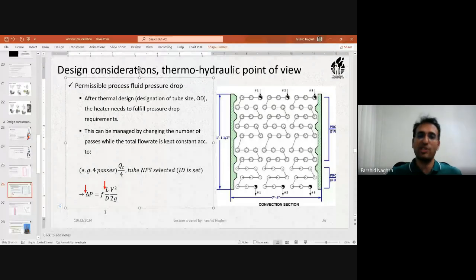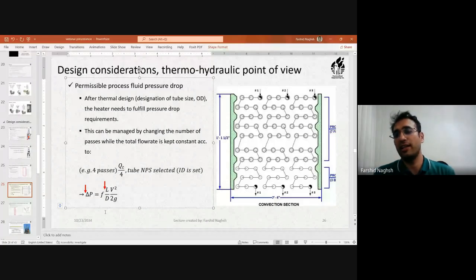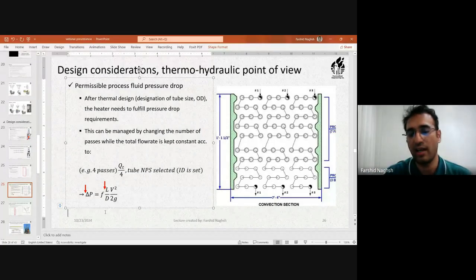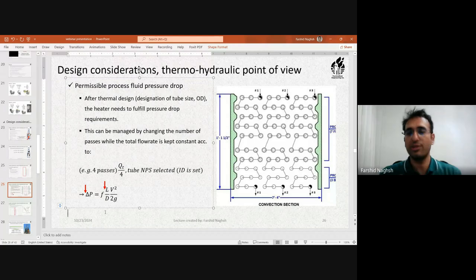This is the first way. This is the first thing that a heater designer must do after completing the thermal design. He needs to check the hydraulic part of the design, to decide how many passes are needed to reduce the pressure drop.